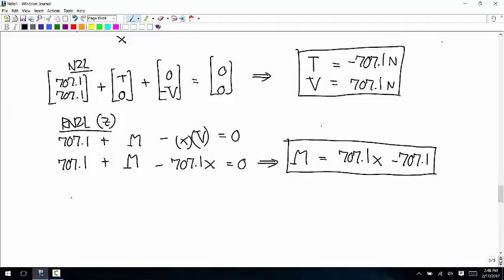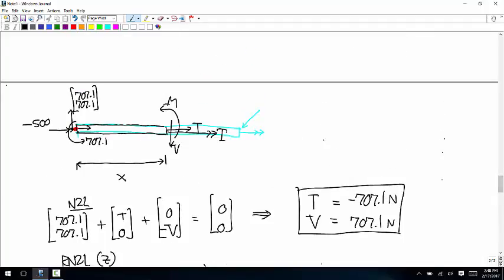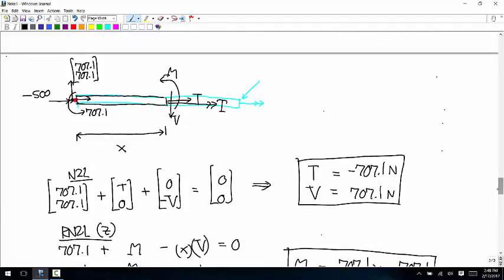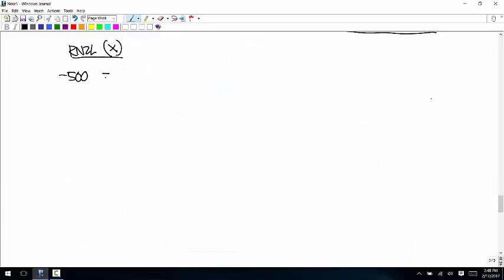And then the last one is the moment equation about the x-axis. Sorry, we did z. So about the x-axis, we have a couple of negative 500. And the only other thing we have is the torque T, plus T is equal to 0. And so that internal torque T is equal to positive 500.